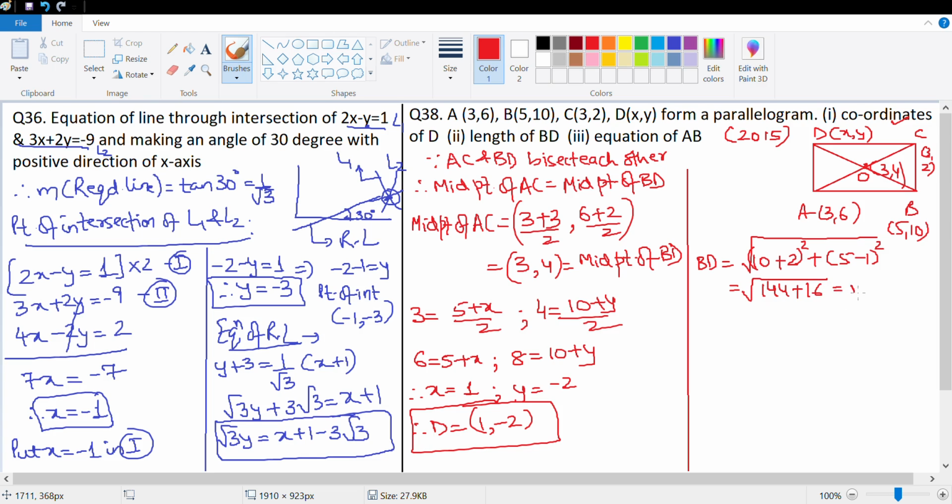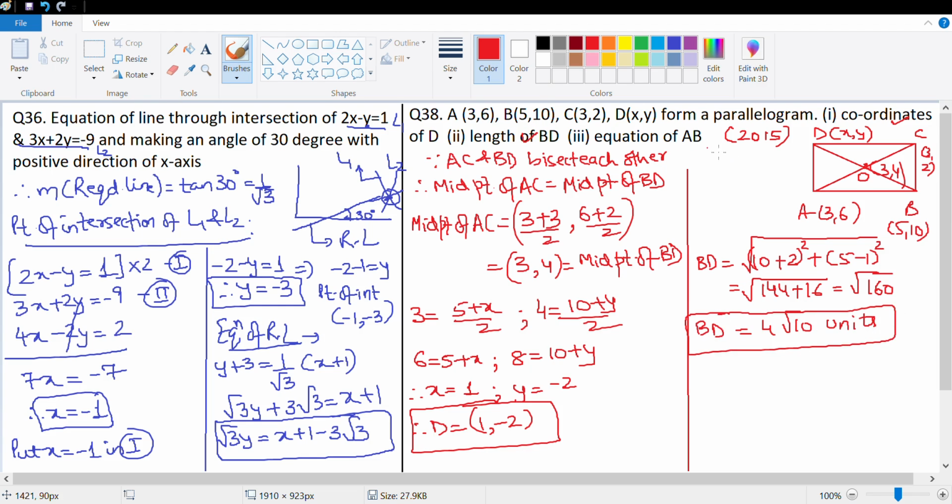So this is the square root of 160, which is 16 into 10, which means 4 root 10 units. Perfect. So BD is equal to 4 root 10 units.